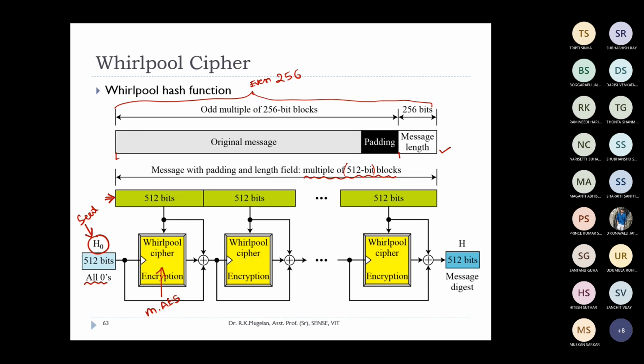Can anyone tell why they went for that? Any guess? Here they use the AES algorithm, lightly modified, and as the key they supply all zeros as a seed value.